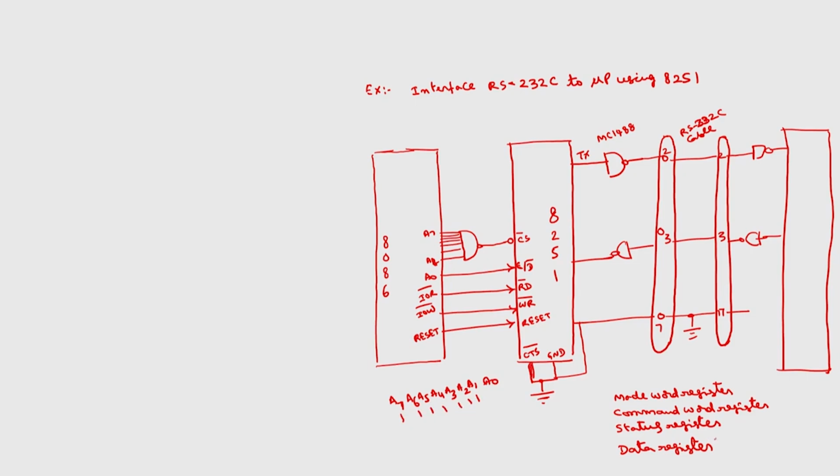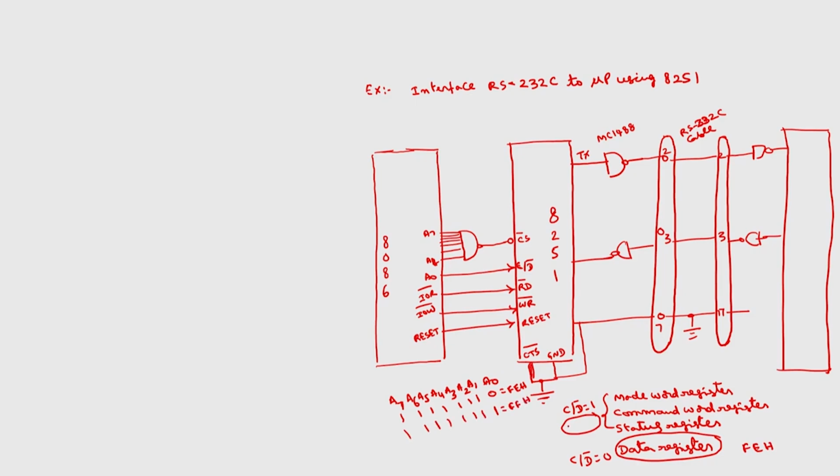In order to select the data register, C by D bar should be 0. To select any of the other registers, C by D bar is equal to 1. If it is 0, the data register address will be FEH. For the other 3 registers, C by D bar is 1, and the remaining bits are all 1s to select the chip, so the address is FFH.